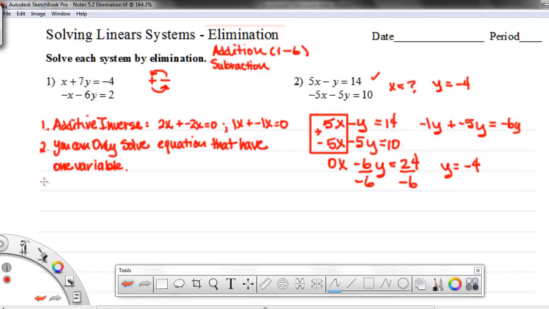The third step, after finding the first variable, substitute its value into the first equation. So after finding the first variable, we'll just say put its value into the first equation.